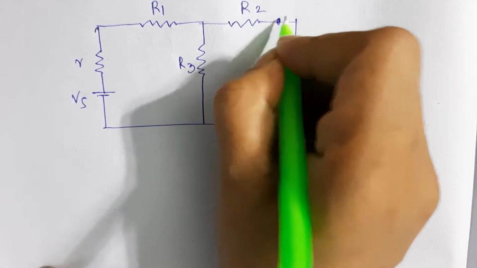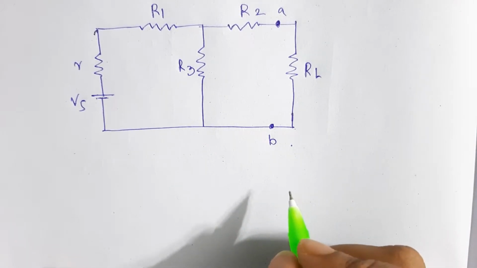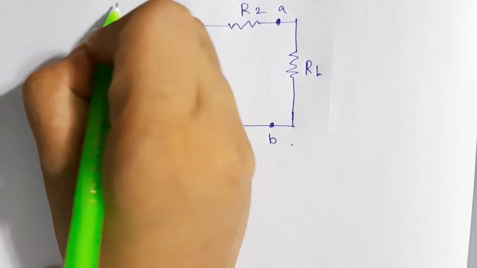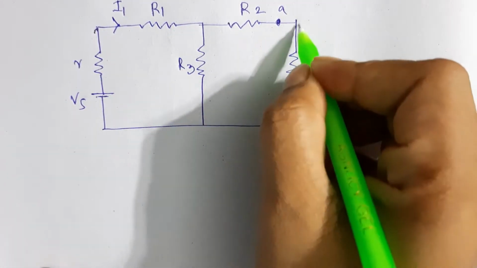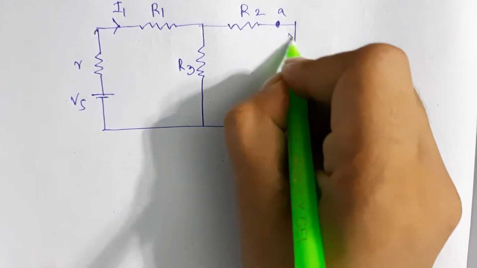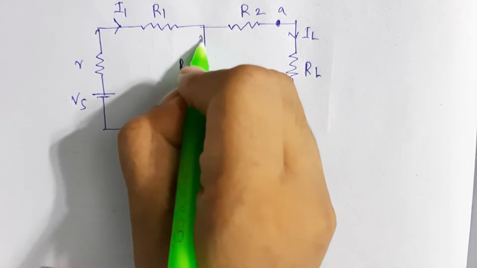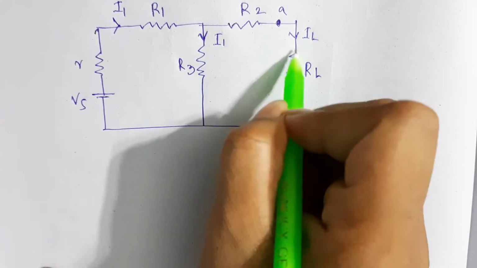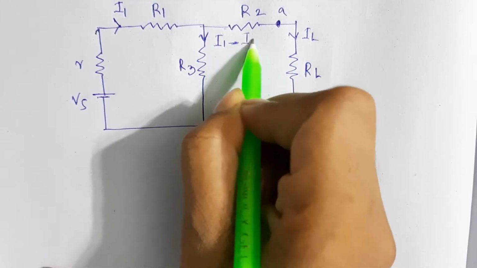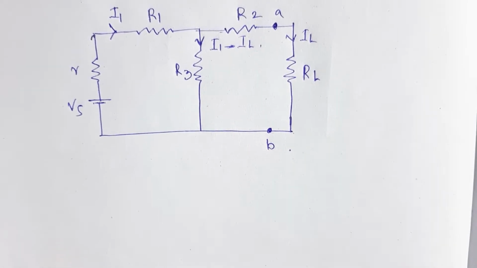Let here be one point and here let it be P. If we draw the arrow for the current, suppose this is I1, and along this load resistance RL current IL will flow. So in the middle I1 was coming and IL is leaving, so it will be minus IL. So this is the circuit.